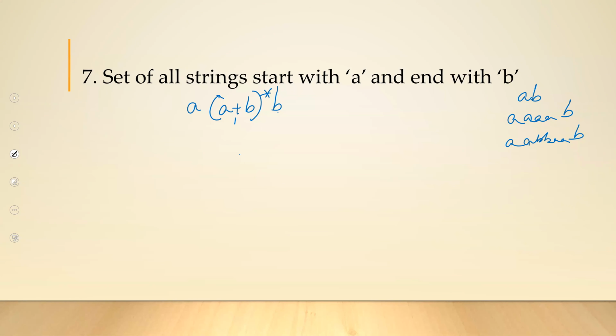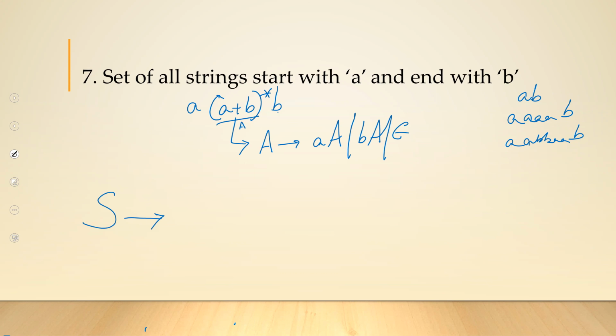This is my same thing, A raised to N. So I'll write A is nothing but AA or BA or epsilon. That is my A raised to N. Now I'll write my grammar. In the beginning I should have a small a.